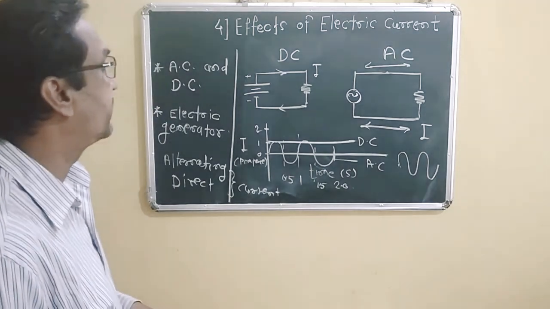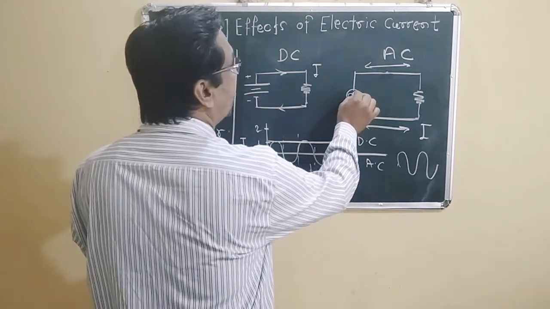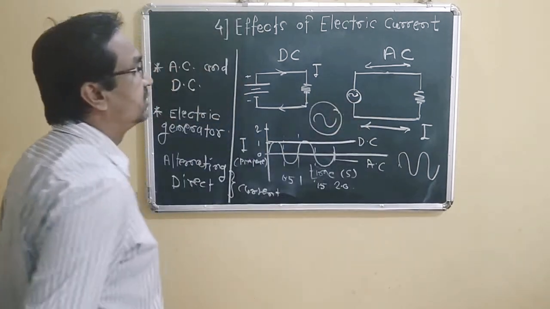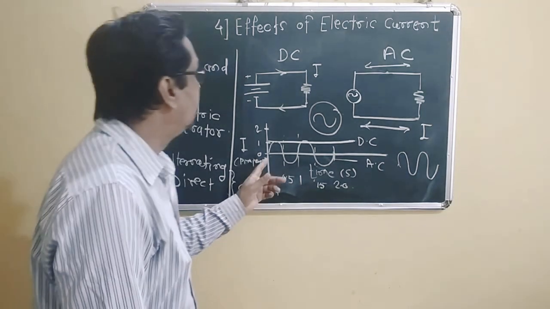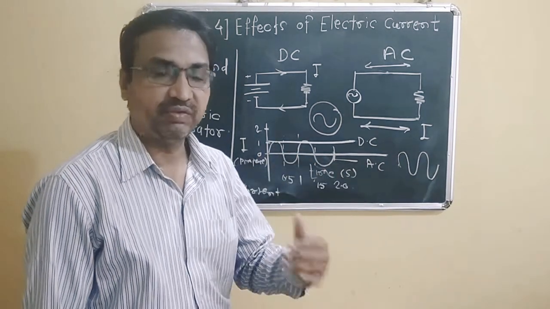These are the main differences. Direct current is shown by this symbol, and alternating current is shown like that. These are sinusoidal waves.